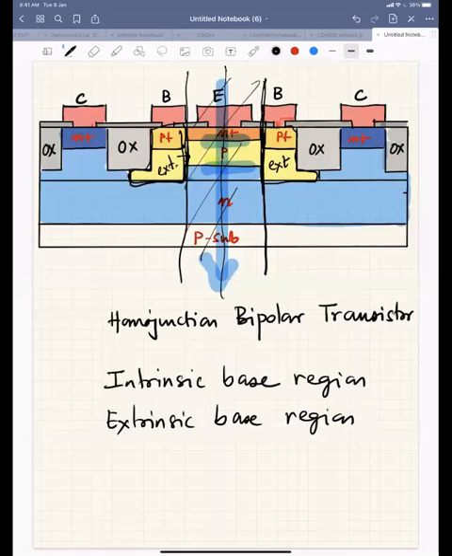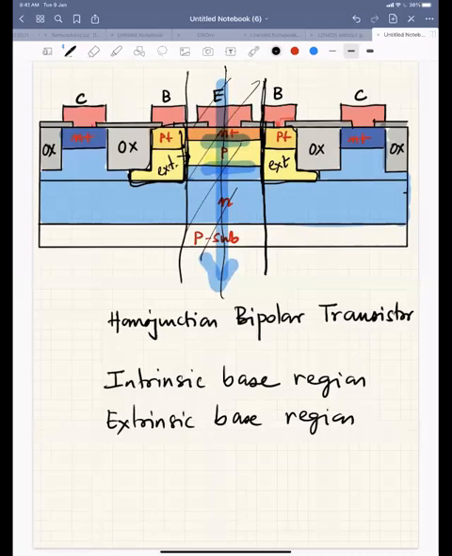Most bipolar transistors are like this, with two base contacts, but if you have a space constraint, and many times to reduce parasitics in very high frequency transistors, you remove one base contact, right? Okay, so I have an intrinsic region and an extrinsic region.